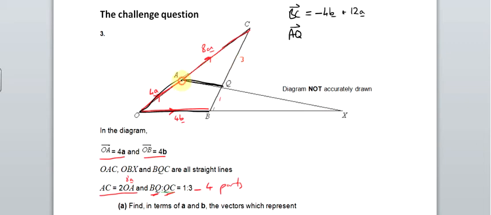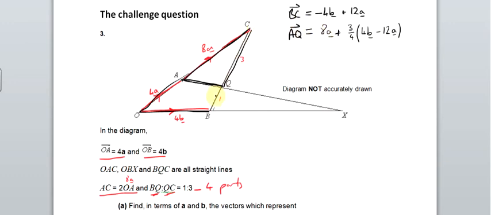So I'm going to go up here to go from A to Q. So I'm going to go 8A positive, and then I'm going to come down here, and this is 3/4 of the one I just worked out, but it's the reverse sign of it, isn't it? Because B to C is minus 4b, so it's going to be opposite sign, so 4b minus 12a.